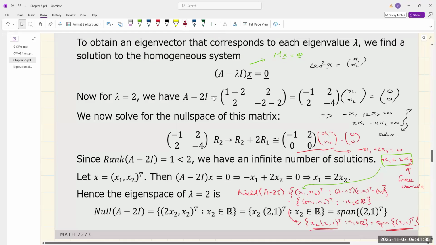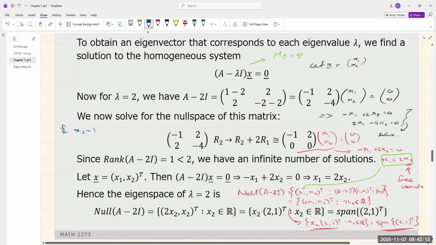Okay, so if the question says, give an eigenvector, what we gave here was the full big eigenspace. If the question says, I just want one eigenvector, then no need to do all this. We could get that eigenvector from here. Just pick any value of x2. So say x2 is 1, then x1 is 2, right?